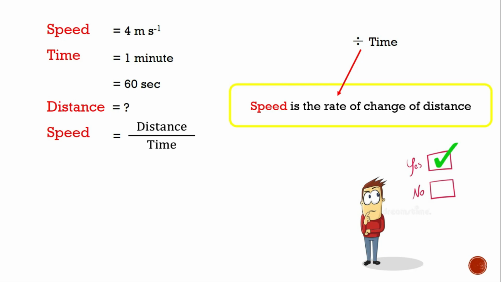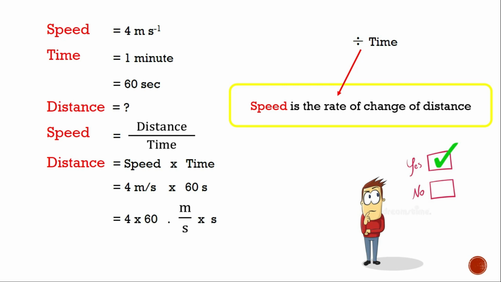And by rearranging these quantities, we can get the distance to be the product of speed and time. So placing all these known quantities in the respective places, we can find the distance to be precisely 240 meters from the point of origin.